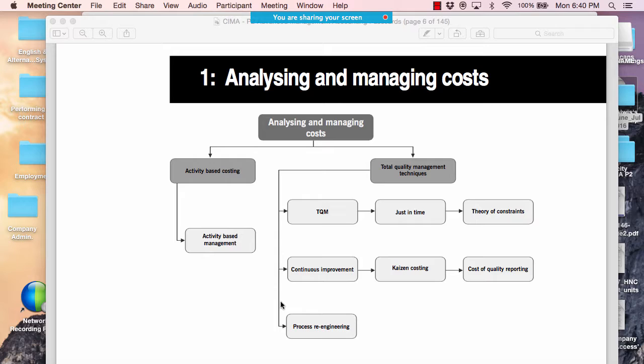This is one of the key things in the TQM just in time philosophies, because if you don't have that kind of relationship or strategic partnership with your supplier, you're not going to go very far with your TQM just in time, right? Honda is pretty good at doing this.